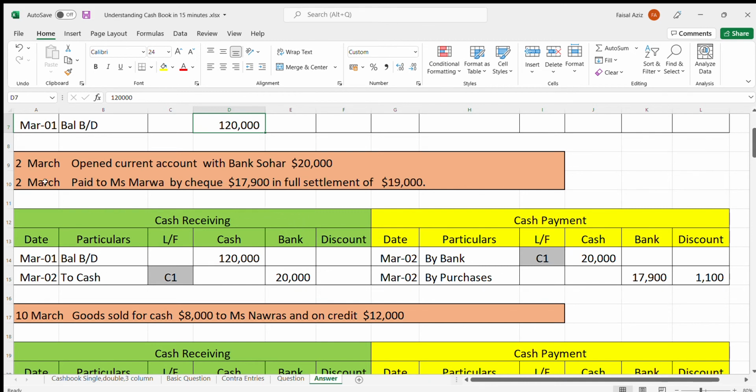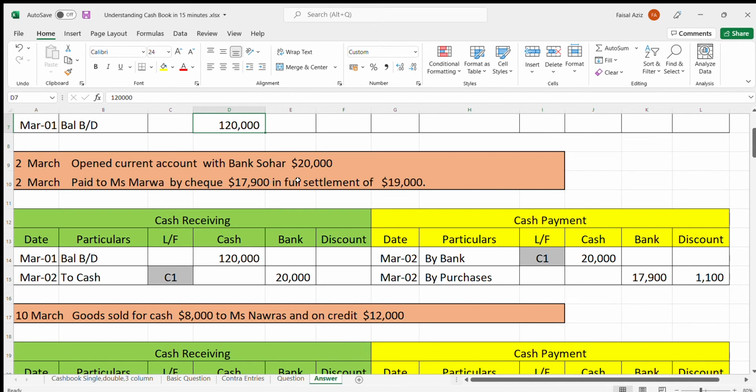The second transaction you see on the 2nd of March: paid to Miss Marwa by check 17,900 in full settlement of 19,000. So the business was supposed to pay $19,000, but they paid only 17,900.